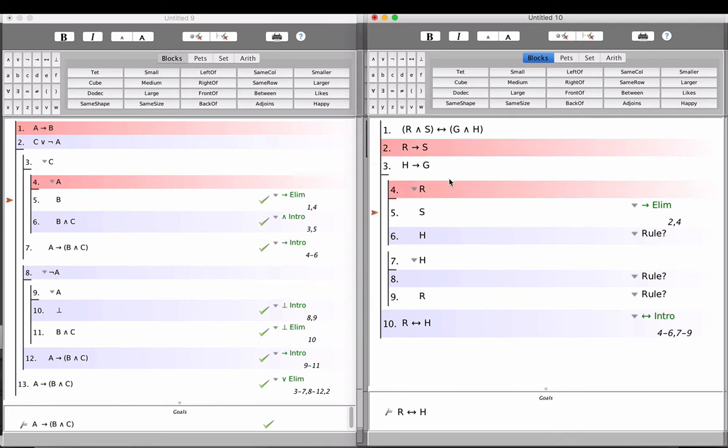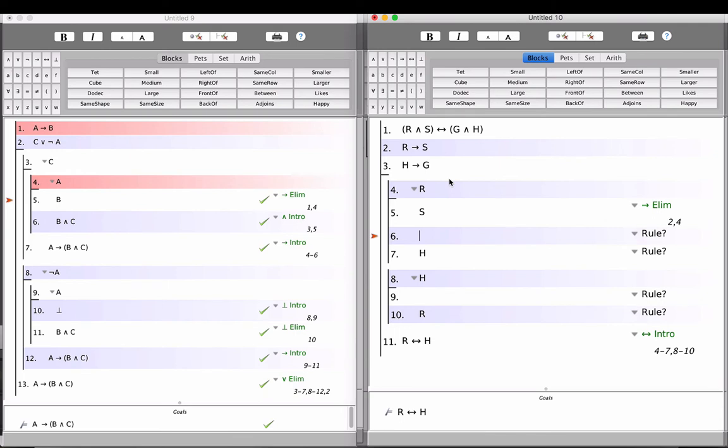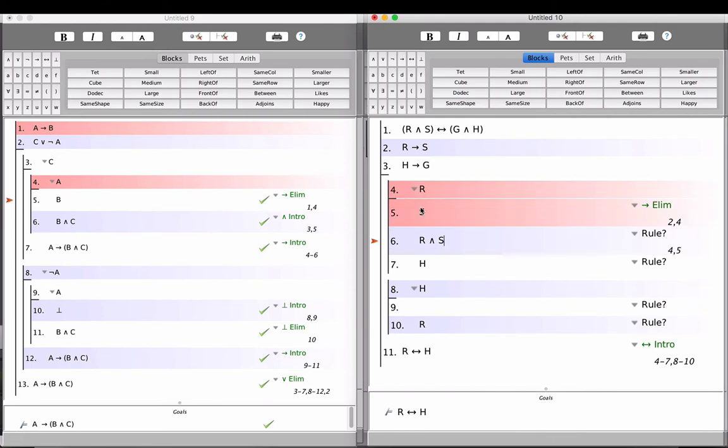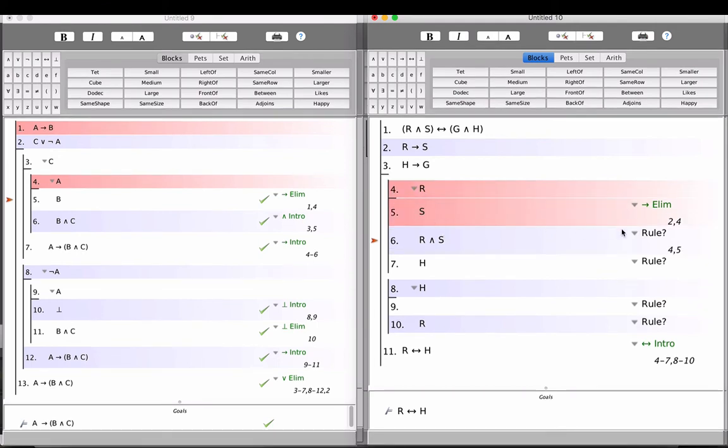From line 5, we're going to make an inference, R conjunction S, from lines 4 and 5. And the rule is the assembling of the conjunction, which is conjunction intro.